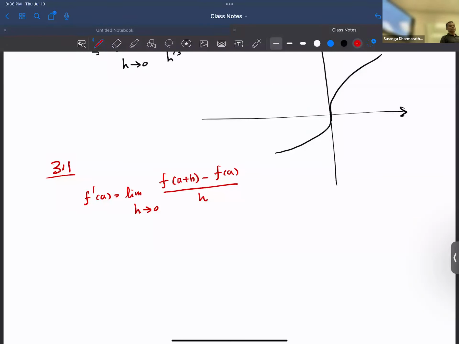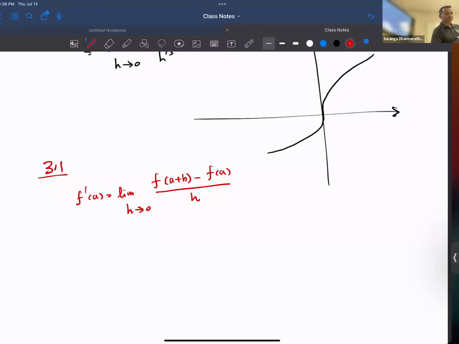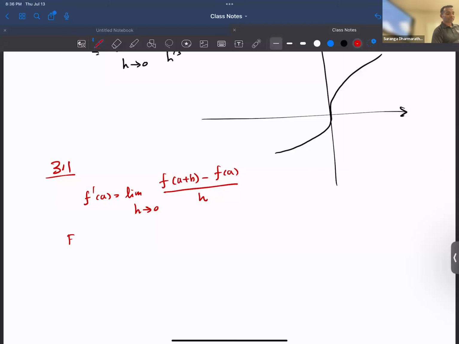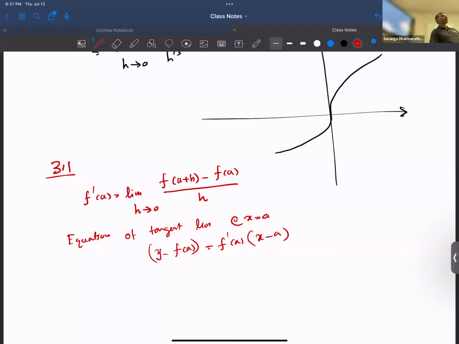That's one thing. And then we learned that the equation of the tangent line at x equals a is y minus f of a equals f prime of a times x minus a, right?